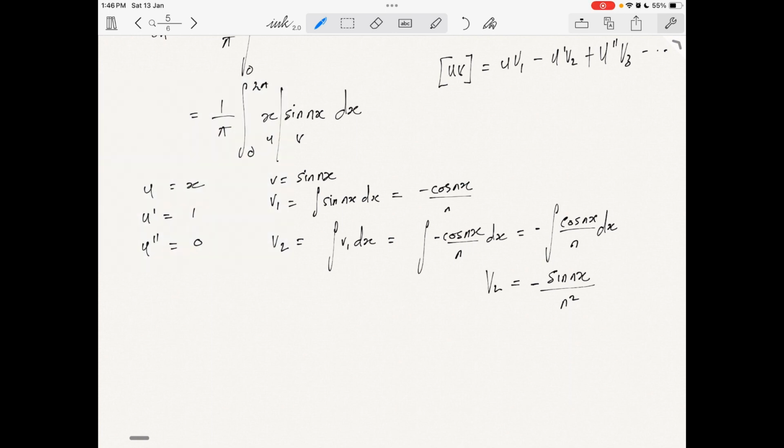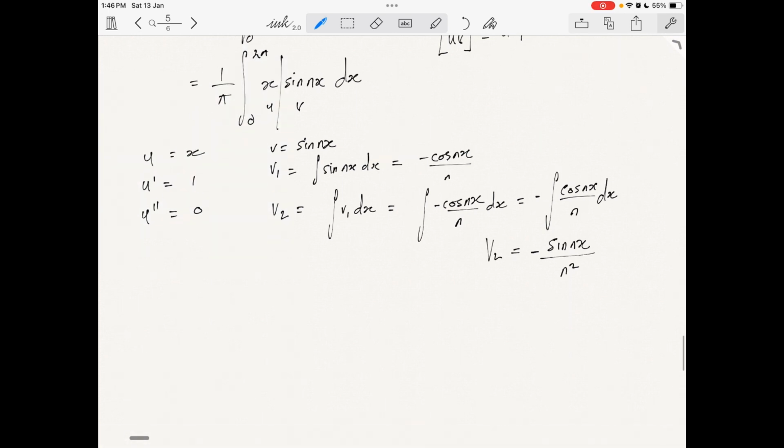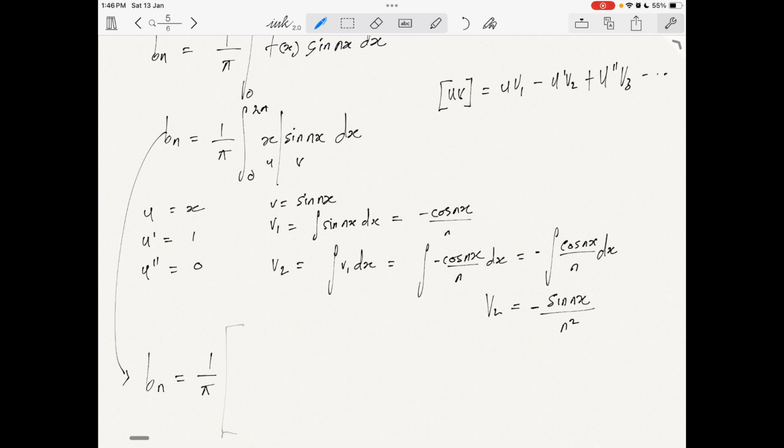So we have this to be v2. So we can henceforth continue solving bn, which is 1 over pi, and we apply the integral formula of uv.